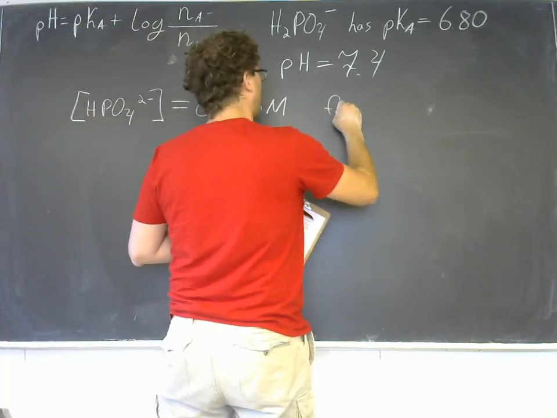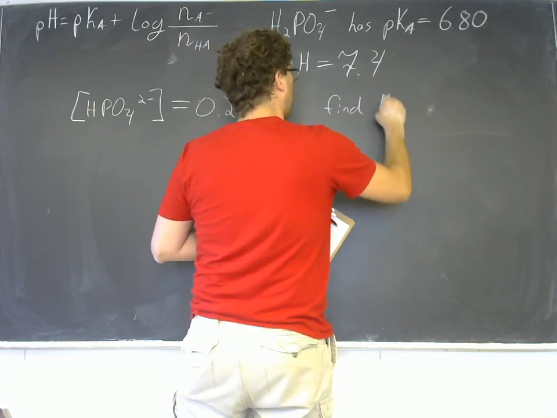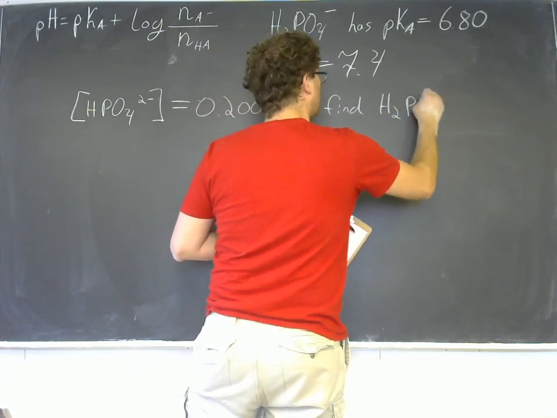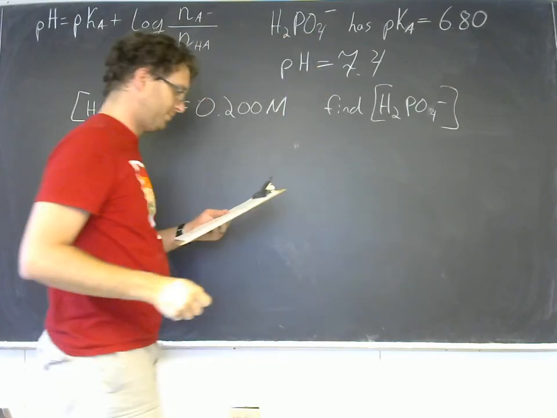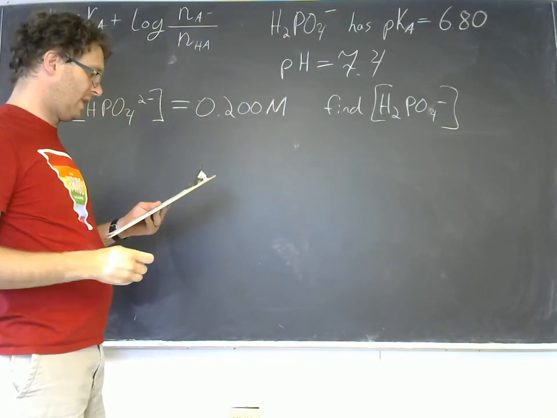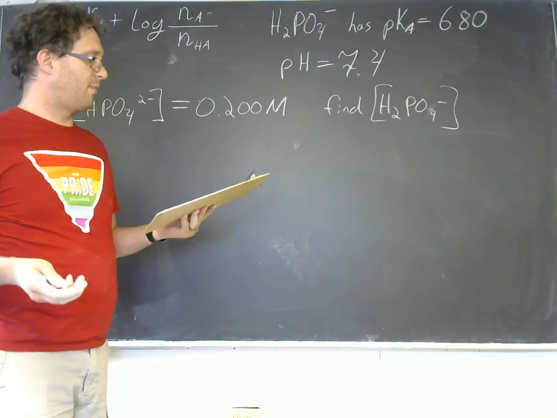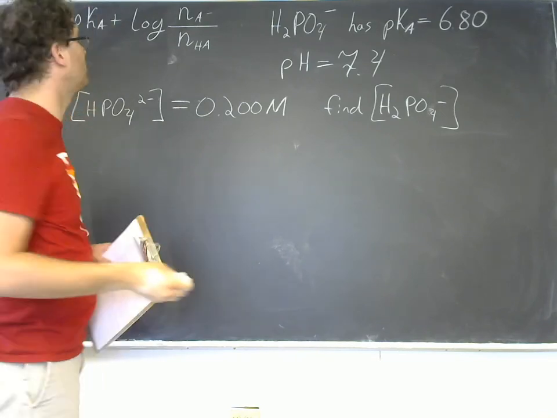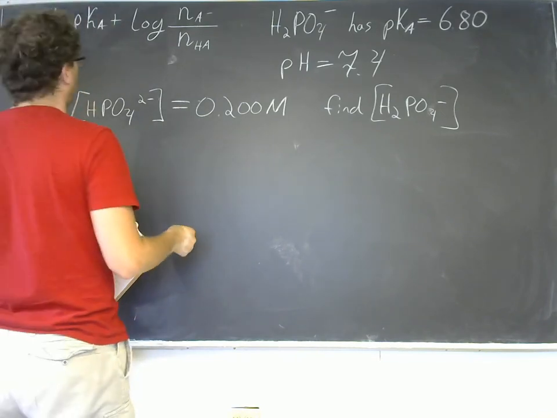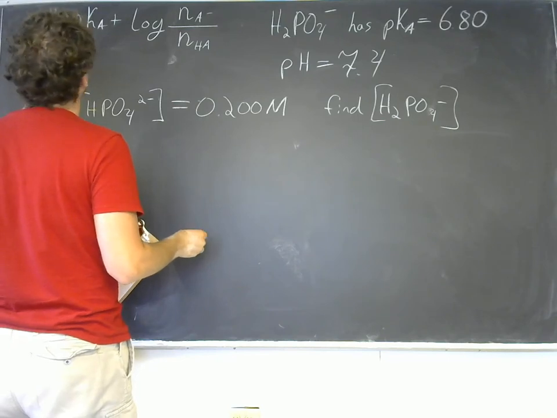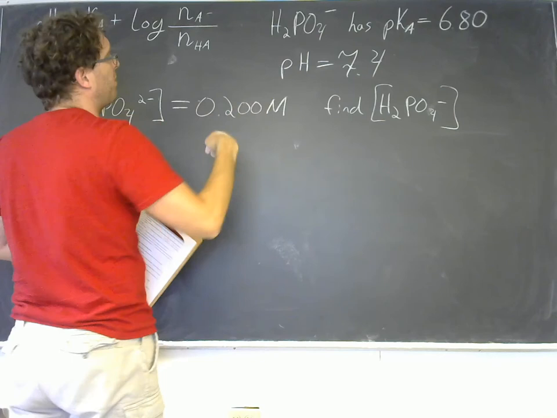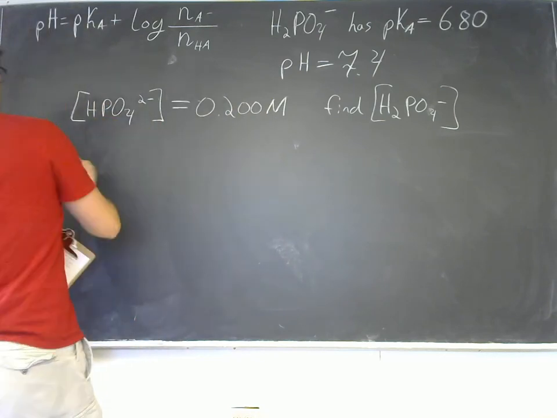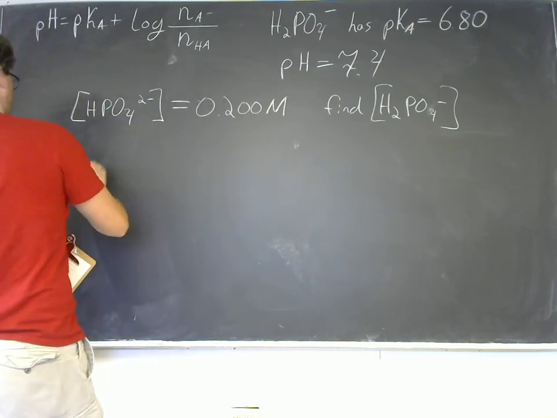Let's find H2PO4 minus in order to maintain proper blood pH. Well, we're going to take our pH and our pKa and just plug them in here. The pH is 7.4.